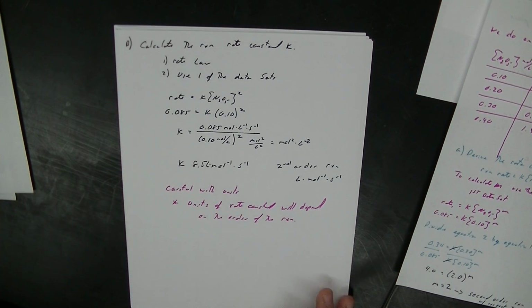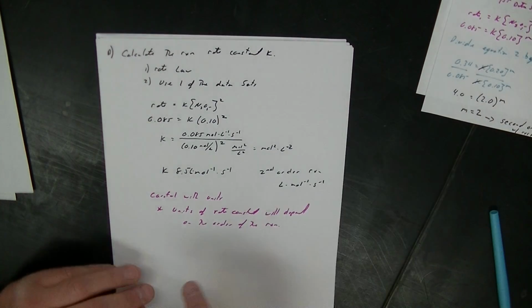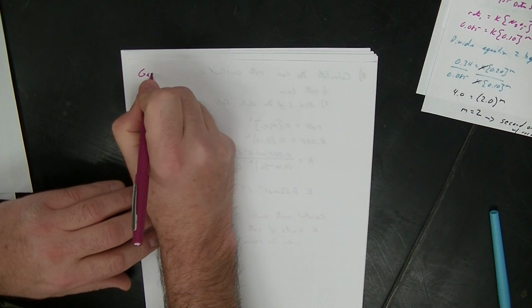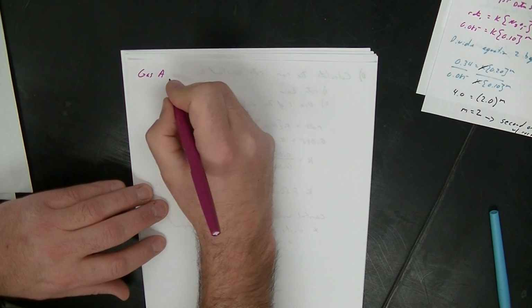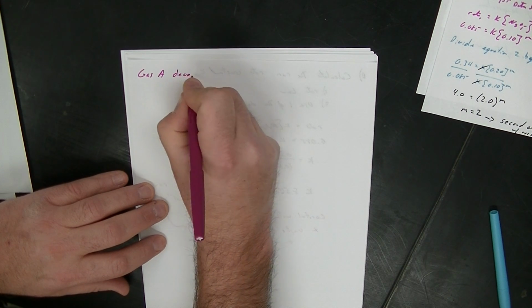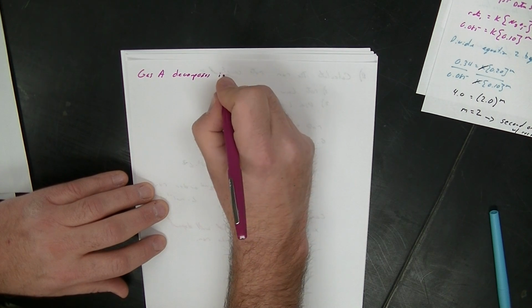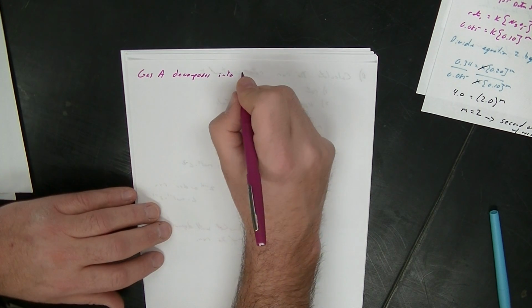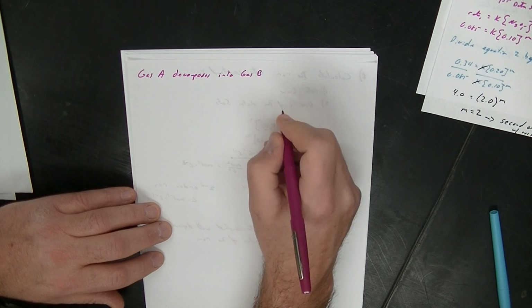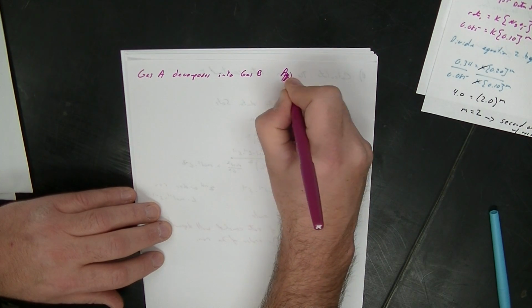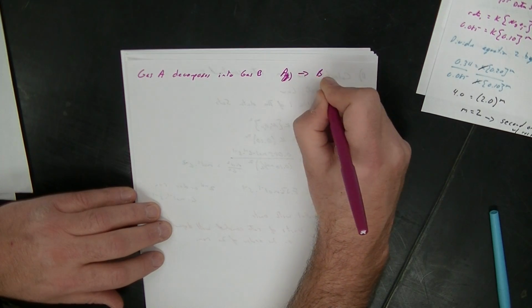Alright, let's do one more and then I think we'll call it a day. So let's say that we have gas A decomposes into gas B. So A gas turns into B gas.